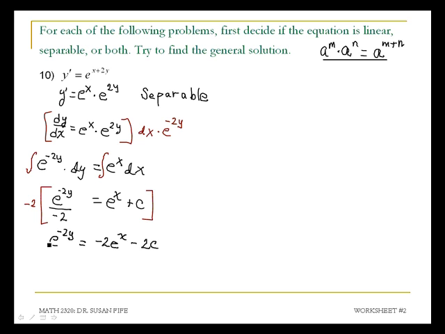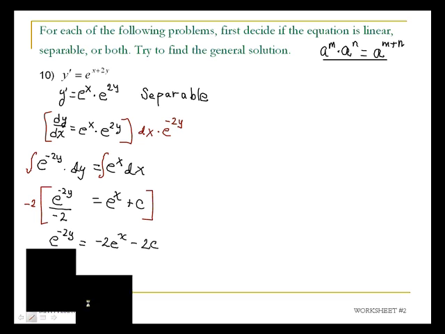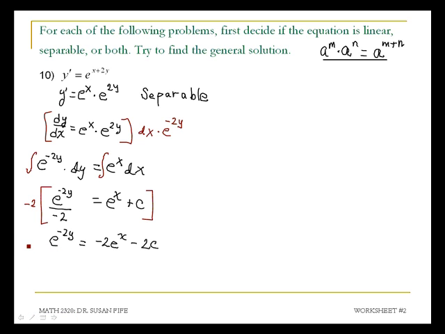Then, to get rid of this exponential, we can apply its inverse. The inverse of an exponential is a natural log. And so if I apply the natural log to both sides, that natural log gets applied to both terms together on the right side. You can't distribute through by the natural log. But on the left side, natural log and e will cancel out.